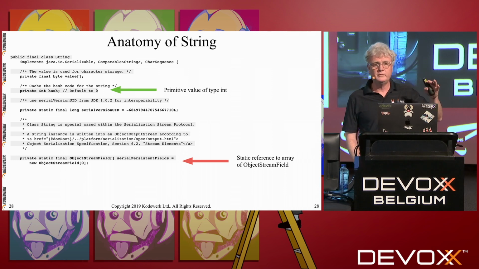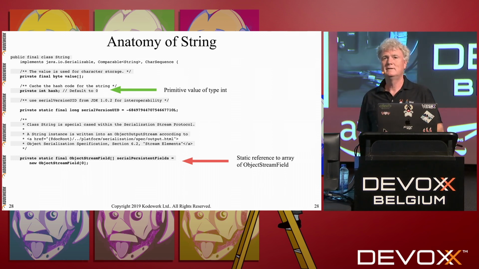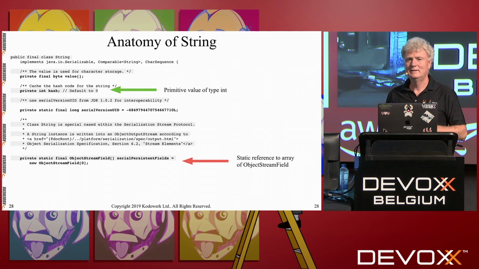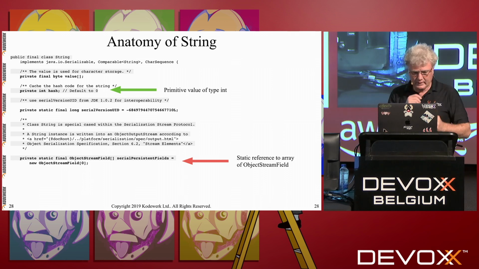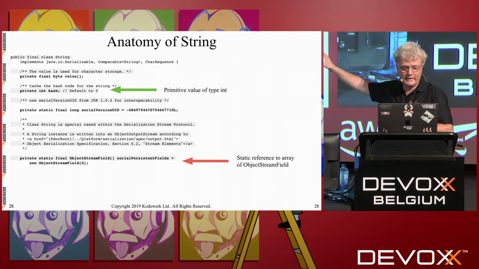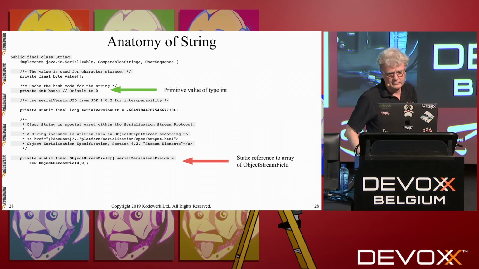Does anyone know what the object stream field is used for? Shout it out. Any takers? Should have offered prizes for these, right? Sorry? Defines serialized fields? Yes, absolutely. Excellent. So this is to support serialization. Generally, you don't see it in the class definitions. What happens is that it gets injected in. But anyways, that's there to support serialization.